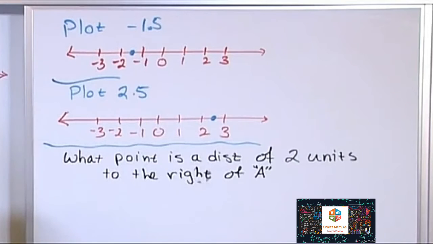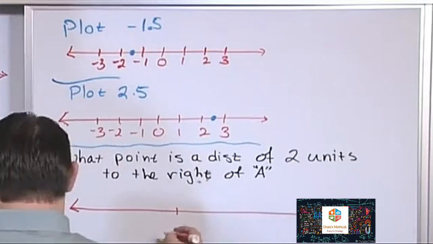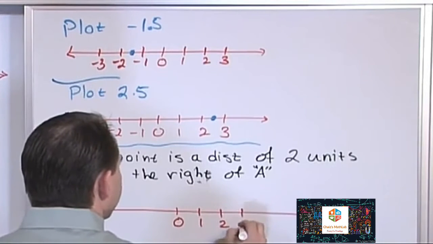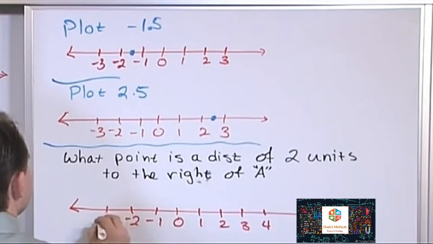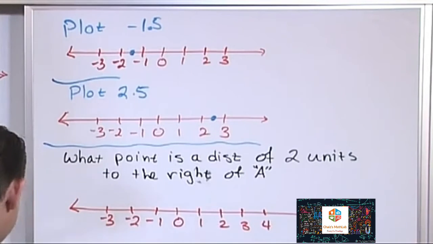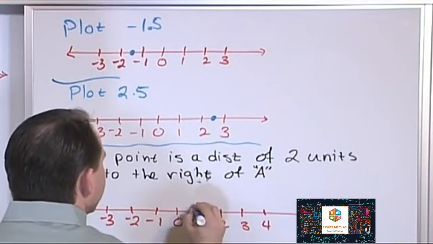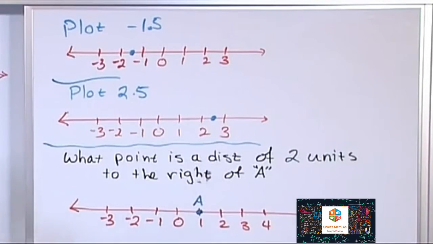And I haven't even drawn the point A yet, so don't worry too much about it. What I'm going to provide to you is a number line. So you have 0, 1, 2, 3, 4, negative 1, negative 2, negative 3. Now the point A, I'm going to say, is right here at the number 1. That's the point A.